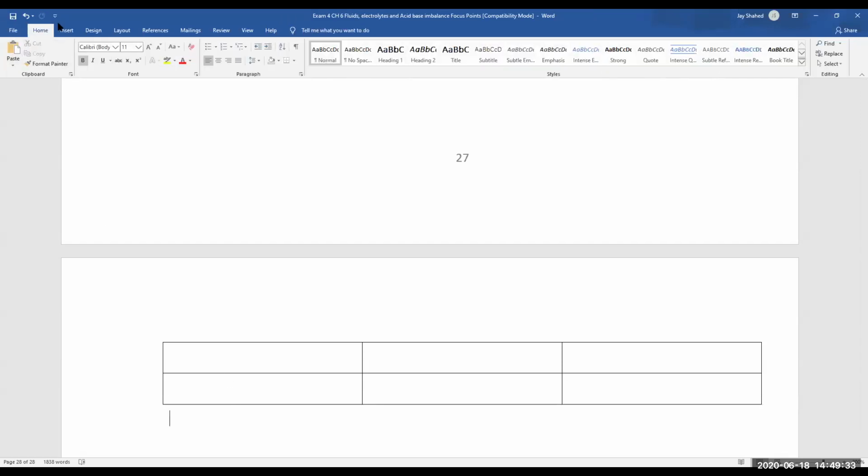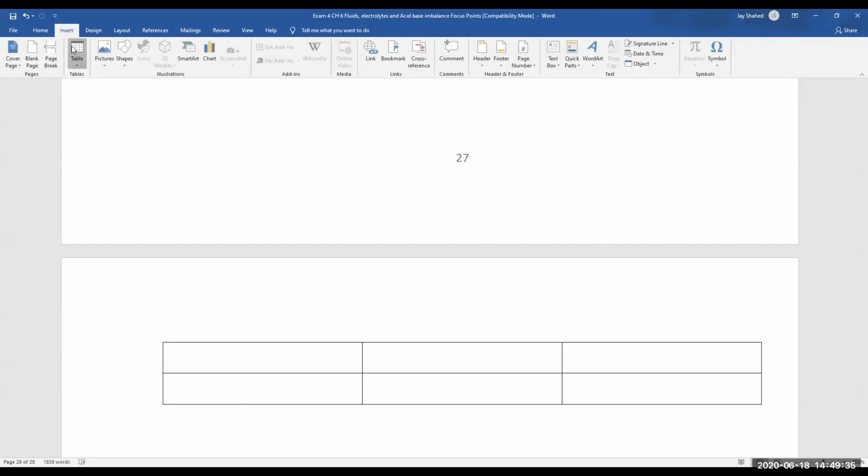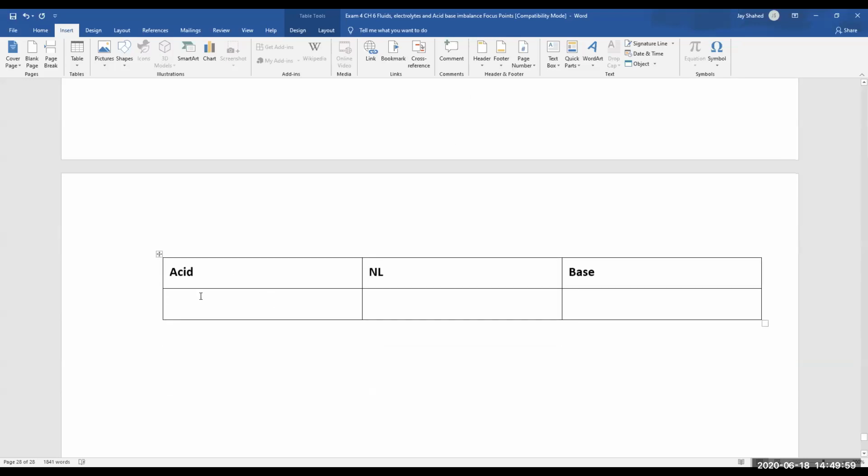Go ahead, Steph. Okay, so a patient has a pH of 7.42. Okay, and so let's put down acid, normal, base. All right, so what's your question again?